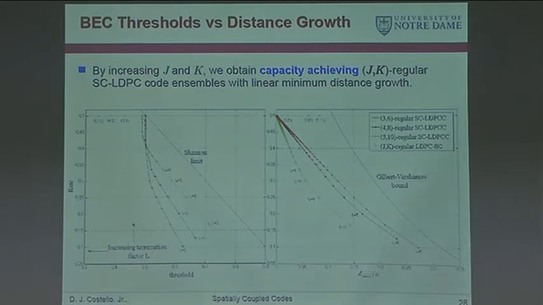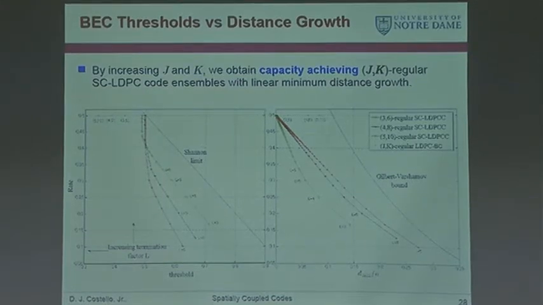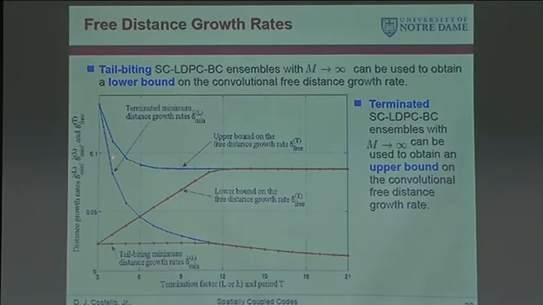These are minimum distance growth rates of the terminated block code ensemble. So when I showed the upper bound on the free distance, it's actually this bound, the terminated codes as block codes, minimum distance growth rate as a function of the termination length L. And that comes down here.